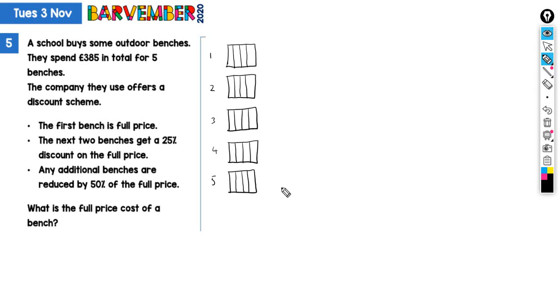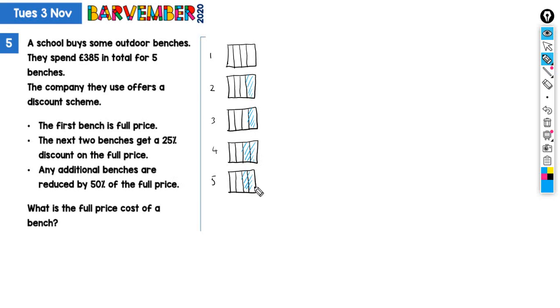Right, so now what? The first one was full price. The next 2 benches get a 25% discount, so we're going to cross that out. It's like they don't pay for 25%, so there we go, cross that out. And any additional benches are reduced by 50%, so that's 2 of these.